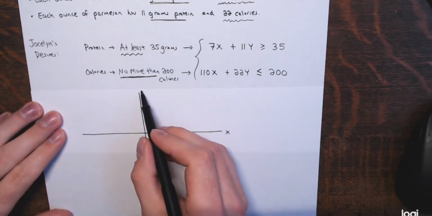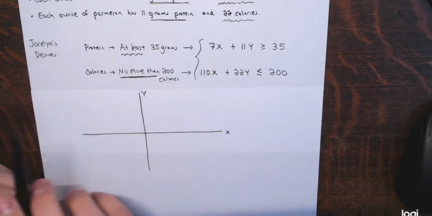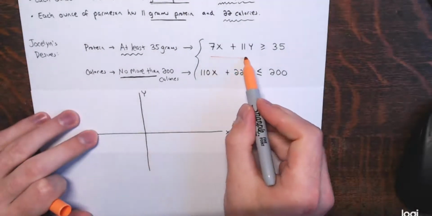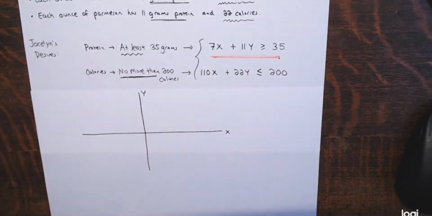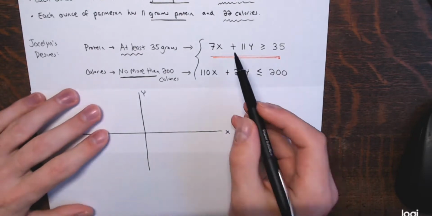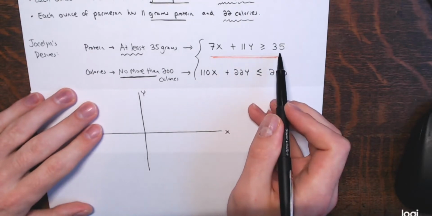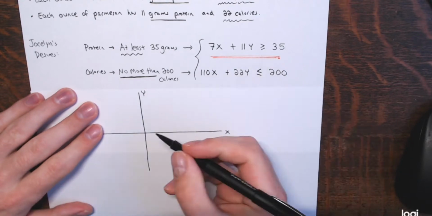So I'm going to the XY plane here. The first inequality, I'll graph that in this peachish color. Hopefully you see that color. If not, just hopefully you can follow along. Now, remember, first you graph the boundary line. If x were 0, y would be 35/11ths, which is almost 3.5.